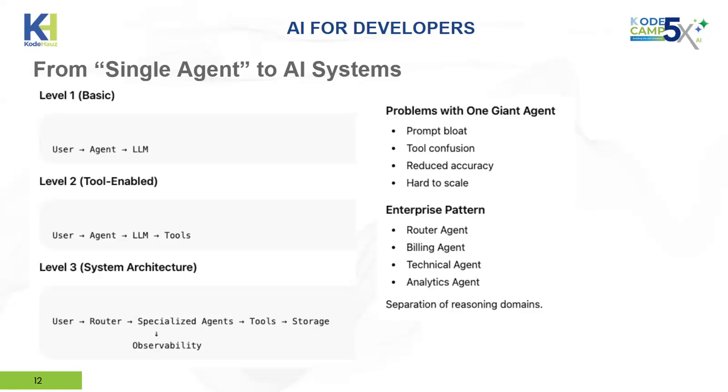So it's not very feasible. So you end up having what we call prompt bloat, where you are writing really huge prompts trying to cover every possible scenario, every possible thing that could happen. That's what you are trying to deal with.